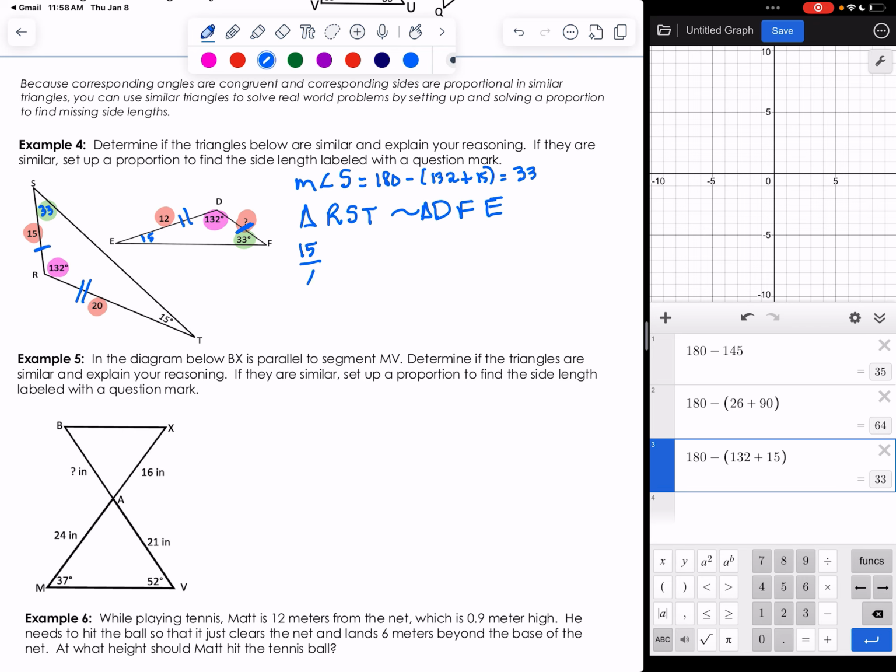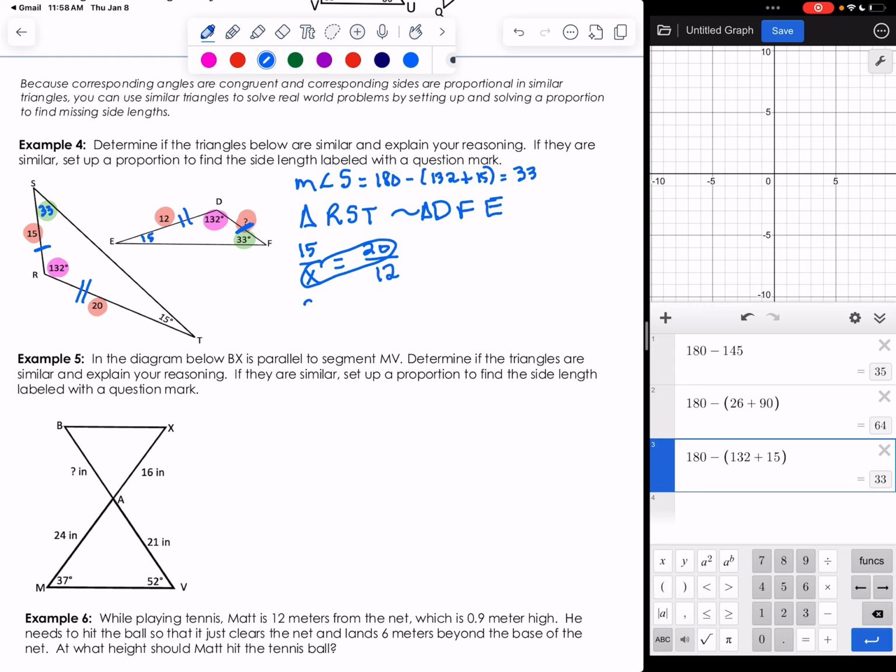That's the question mark, so I'll put X because we don't know it, is equal to. Now go back to the big triangle. I have 2 slashes on the 20, so 20 over, and I have 2 slashes on the second triangle with the 12. All right.